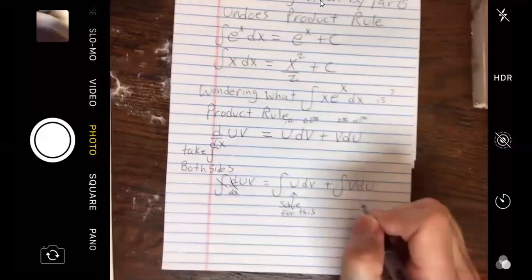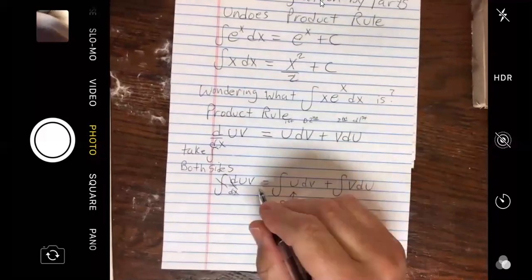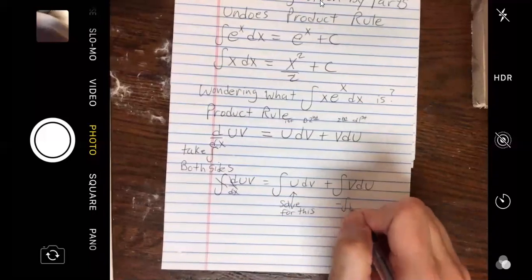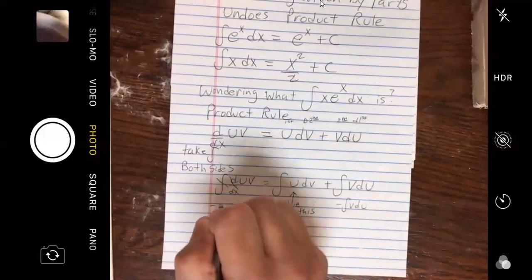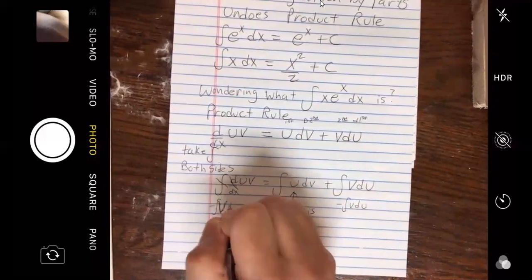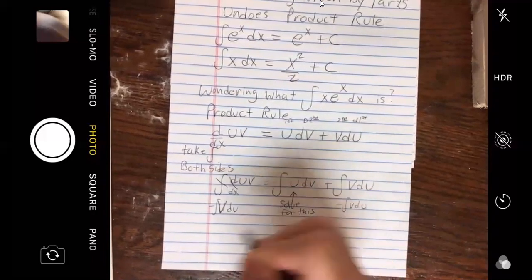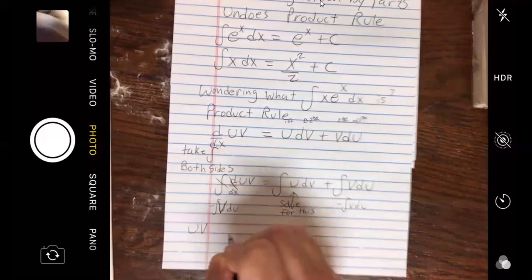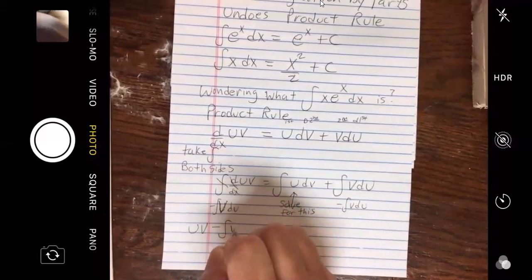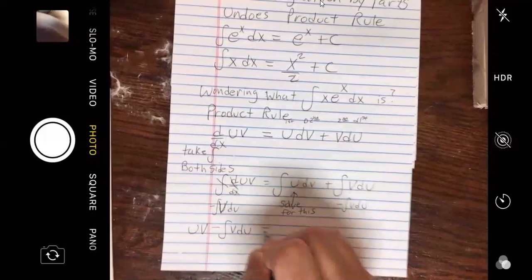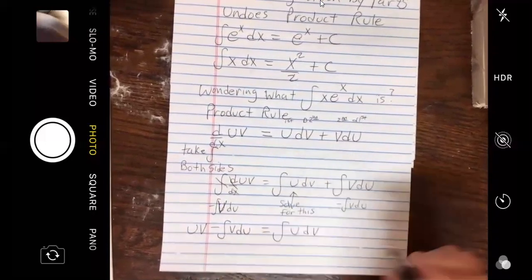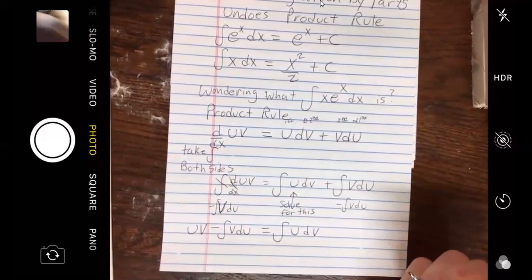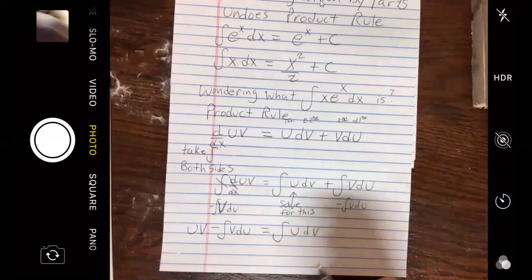All I got to do is subtract the integral of v du. So over here I get uv minus the integral of v du is equal to the integral of u dv. They usually switch it around.